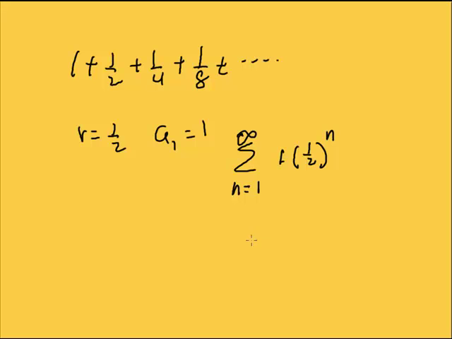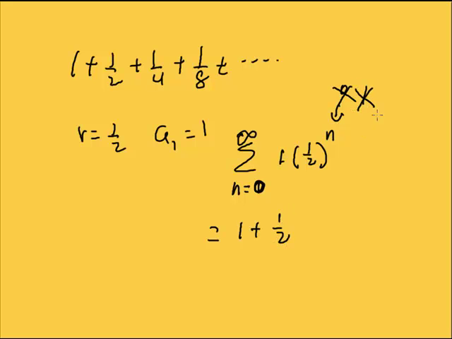What that really means is I'm going to start out with a 0. Excuse me, 0 to infinity. I'm going to start out by putting a 0 for the n. When I put in a 0 for the n, this turns into 1. So 1 plus. The next number I'm going to put in for n is 1, so 1/2 times 1 is going to be 1/2.